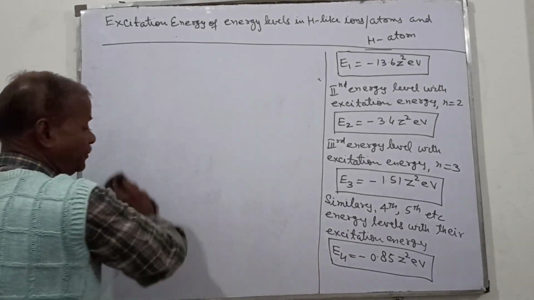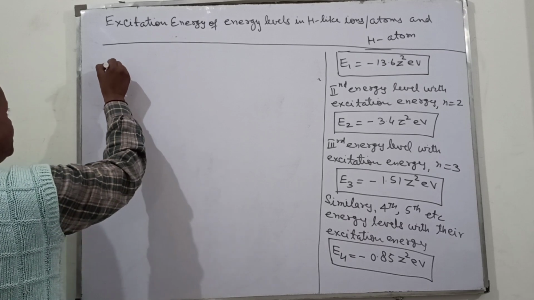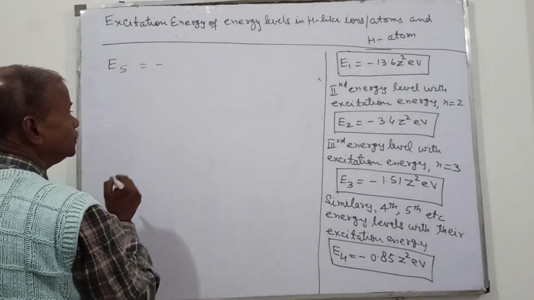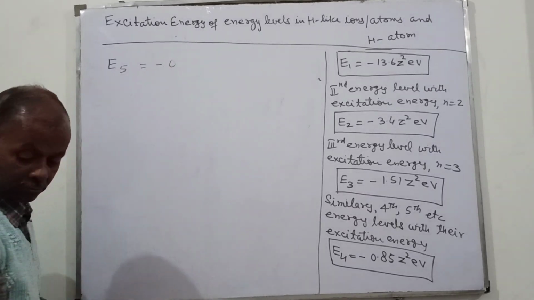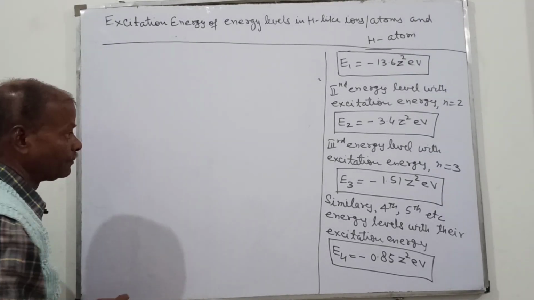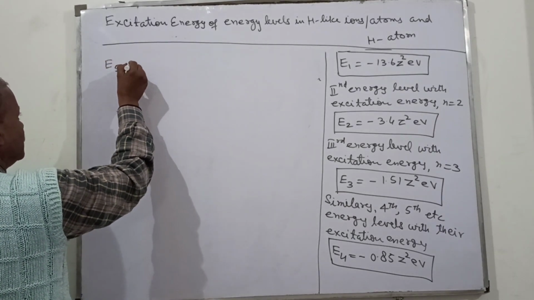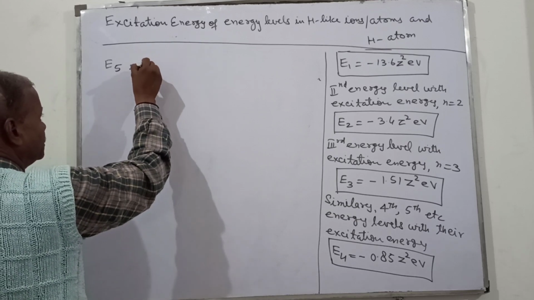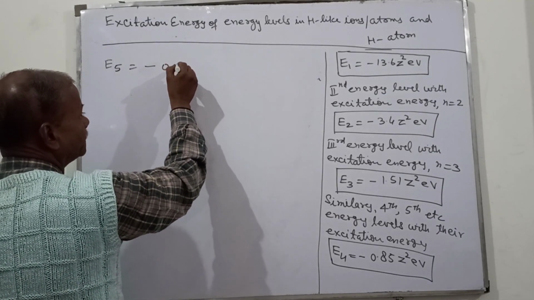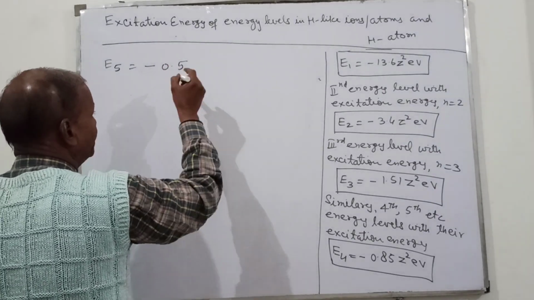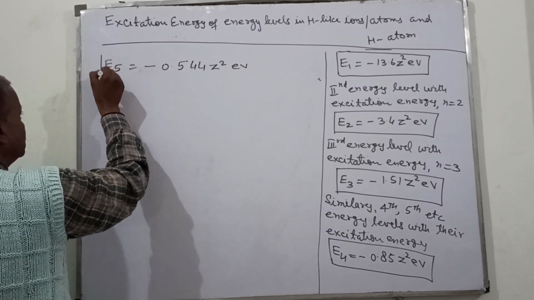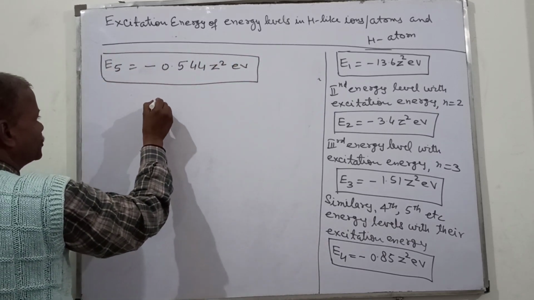And now E5 is equal to minus 13.6 upon 25, so minus 0.544 Z square electron volt, and so on.